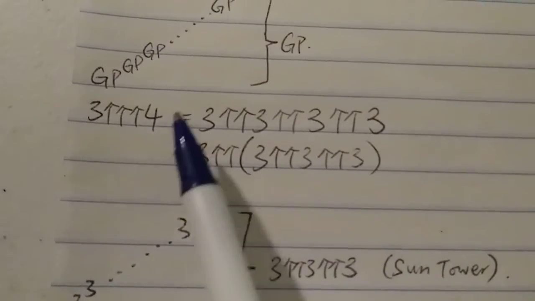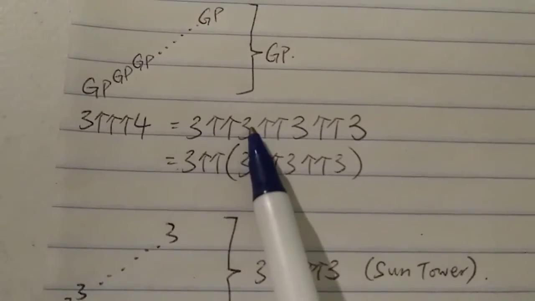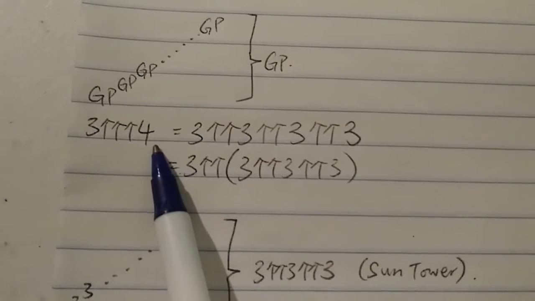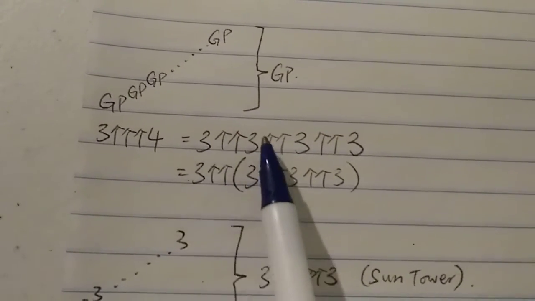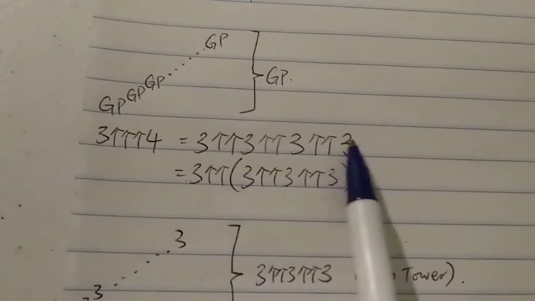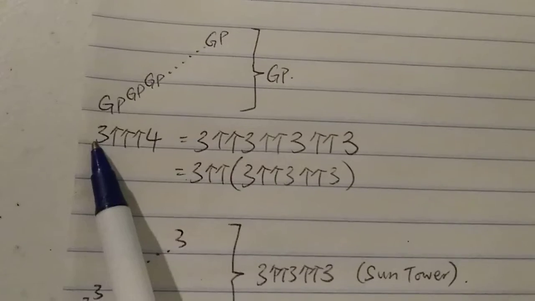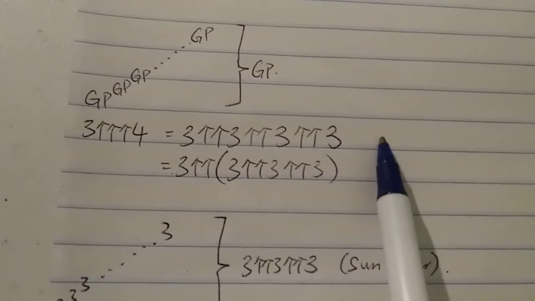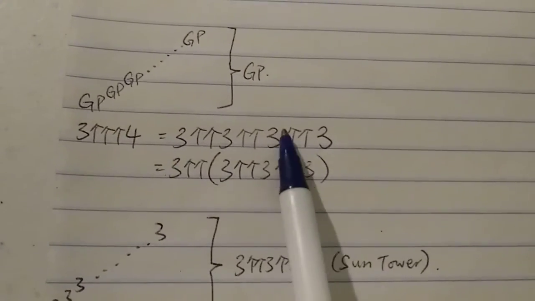3 arrows 4 is basically equal to 3 double arrow 3 double arrow 3 double arrow 3. The 4 at the end just represents the number of threes, so of course there are 4 threes. If this were 3 arrows 5, there would be one more 3 with a double arrow, so 5 threes.